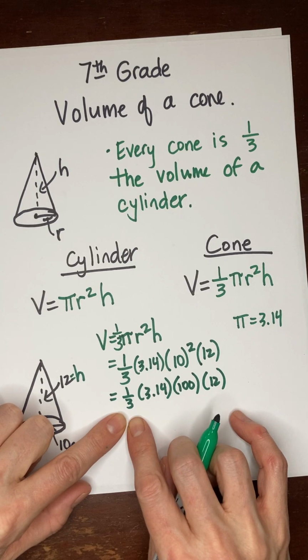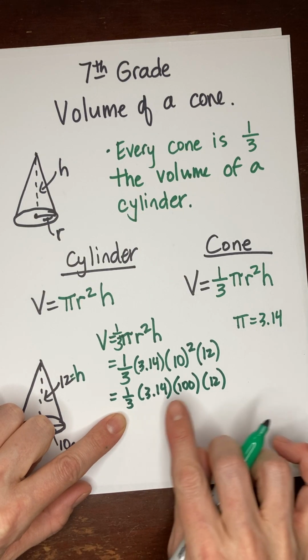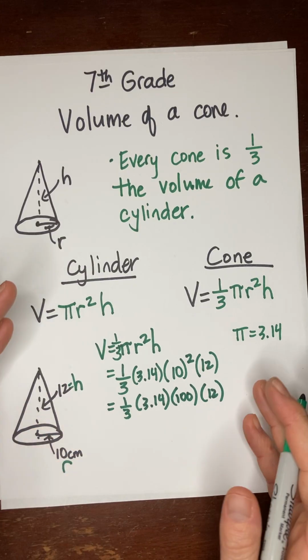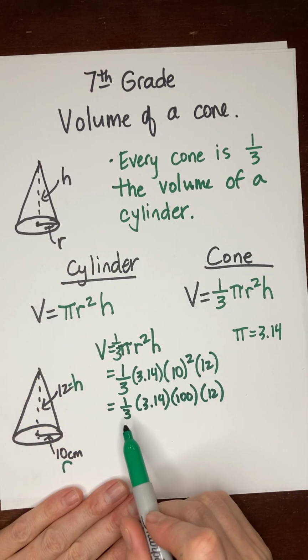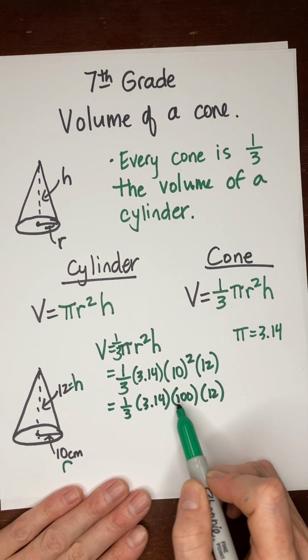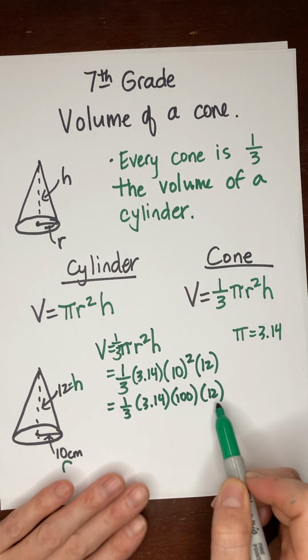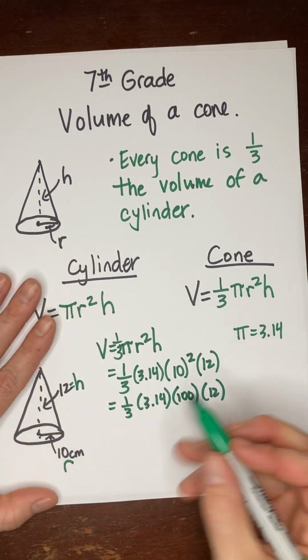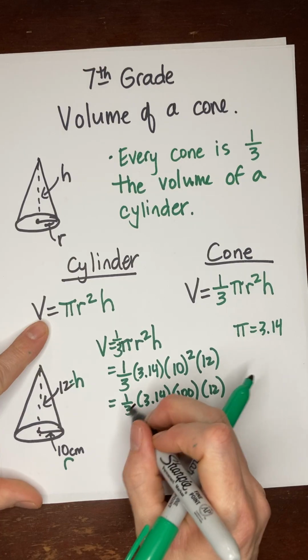To get rid of it, I just need to find a number here that's divisible by 3 without a remainder, okay? Because multiplication, as I've said many times, can be done in any order because it's commutative. This is not divisible by 3. This is not divisible by 3 without a remainder, but 12 is. So let's go ahead and do 12 times 1/3, or 12 divided by 3. Okay, so that will cancel.